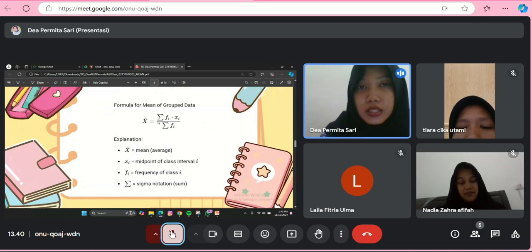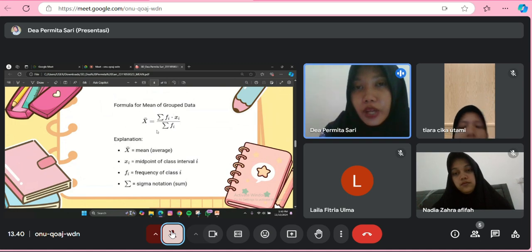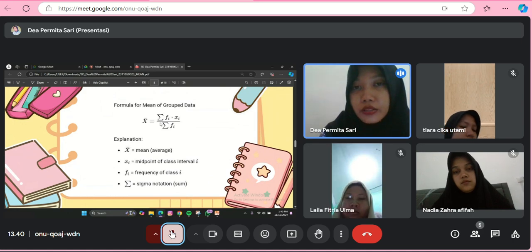And this is the formula for the mean of group data. Look, it is different. This is x bar equals sigma fi multiplied by xi, divided by sigma fi.